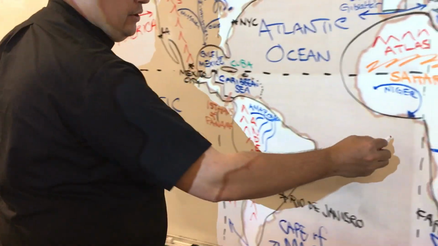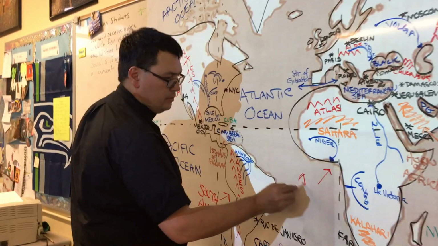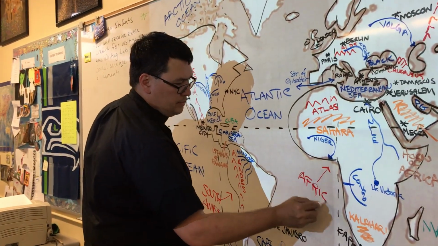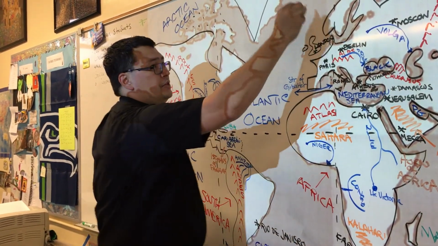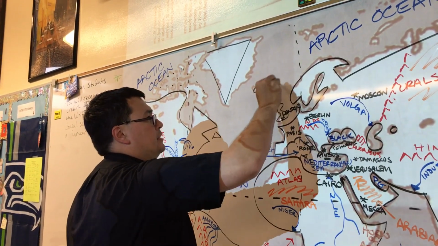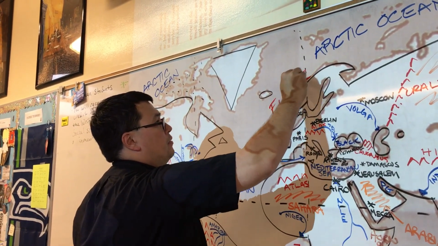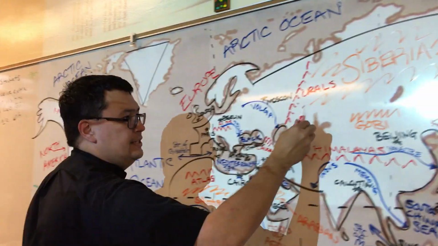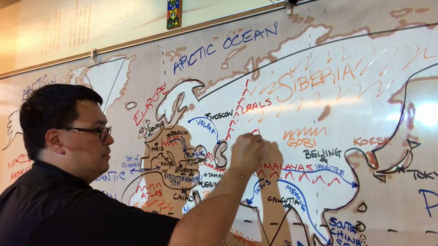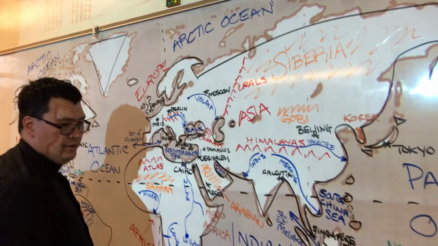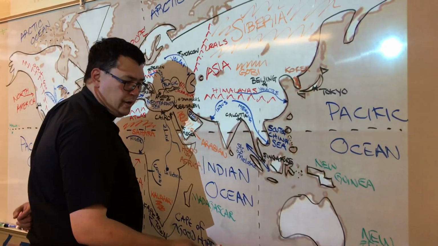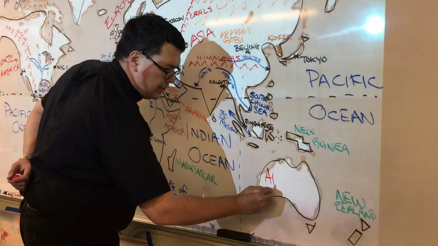The third is here, Africa. The fourth is up here. This is Europe. The fifth and largest is Asia, over here. The sixth, and brand new to this map, is Australia.